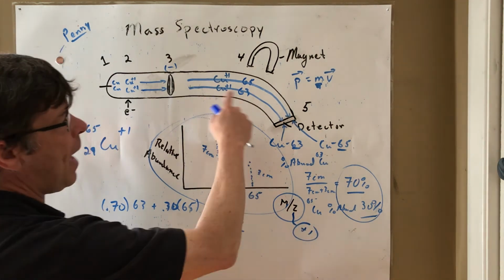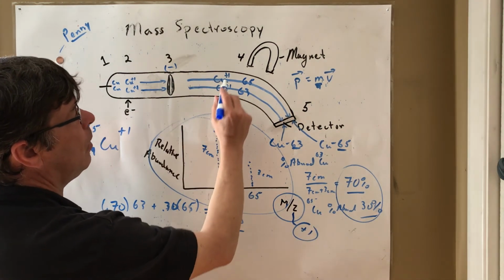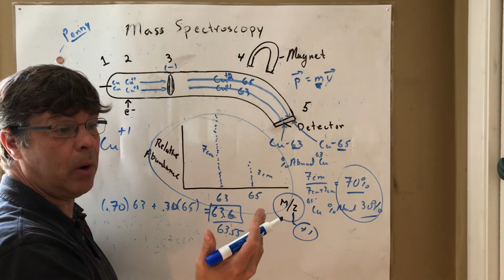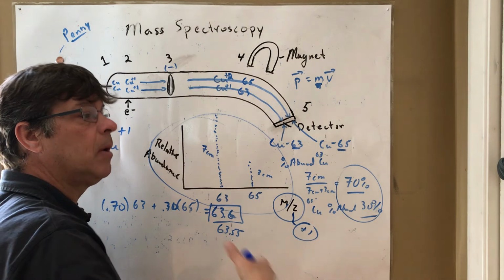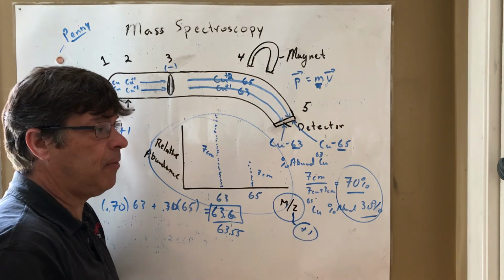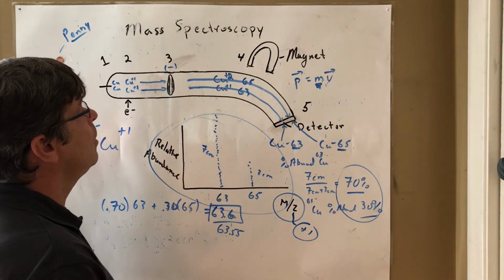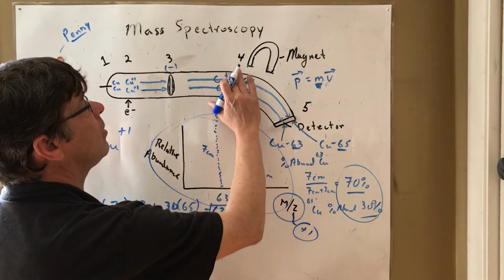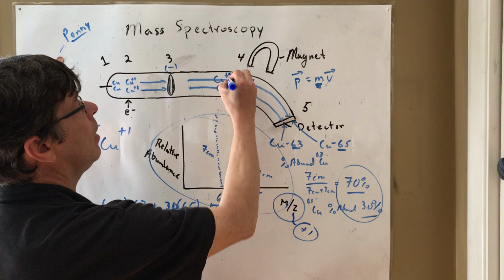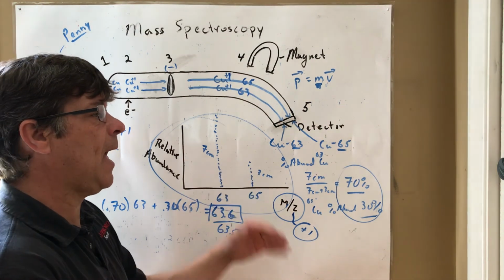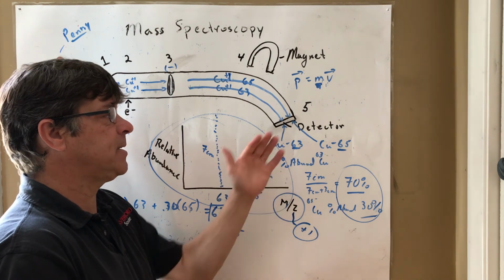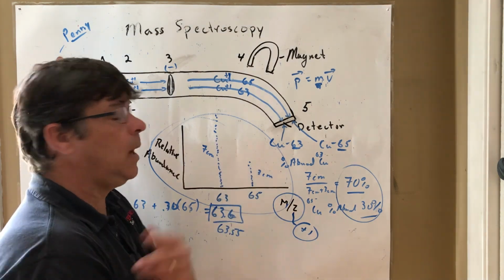If this is +2, it's going to get deflected more. If the charge is greater, it's going to get deflected more by the magnetic field. So we're assuming here that all these ions are +1. So then we can just look at how the mass affects the deflection. All right, that's it. Thanks.